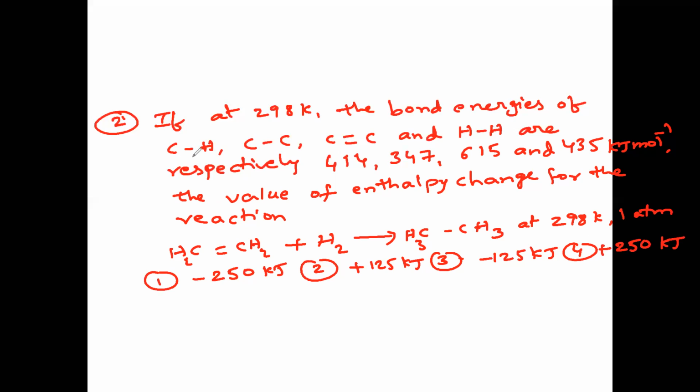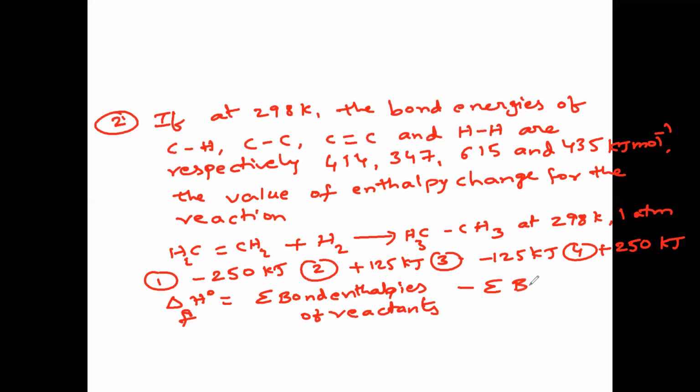As I told you, whenever they are given bond enthalpies, we have to see the reactants as well as products. And delta H of the reaction they are asking. So delta H of the reaction, standard enthalpy of the formation, is equal to sigma bond enthalpies of reactants minus sigma bond enthalpy of products.